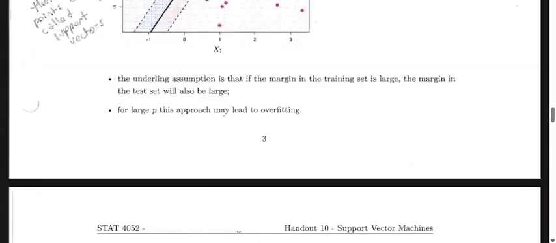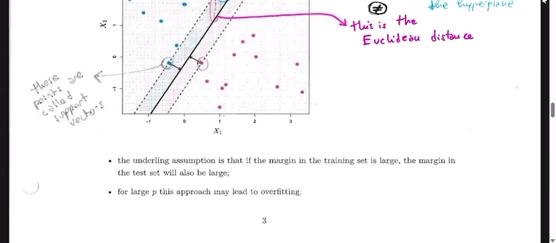Now, but let me tell you this. We could have the possibility of overfitting.